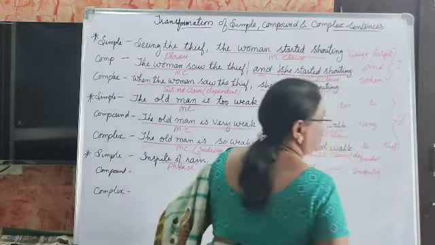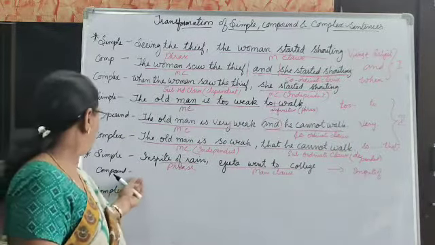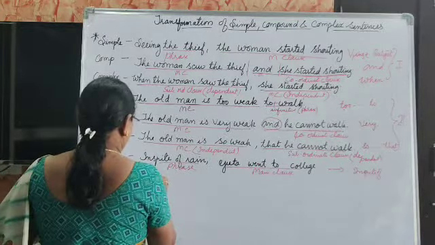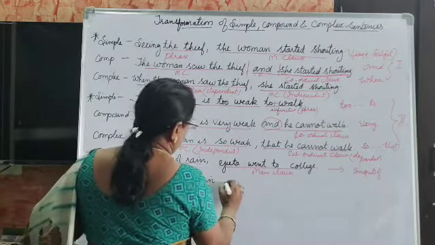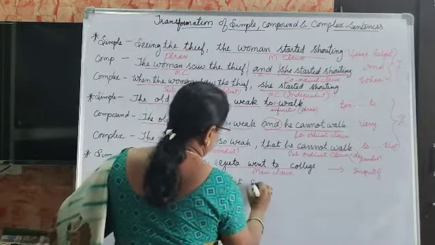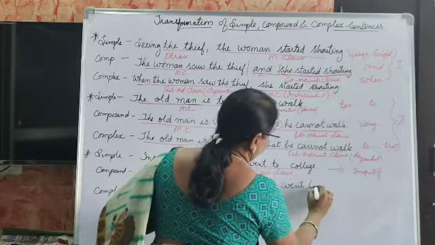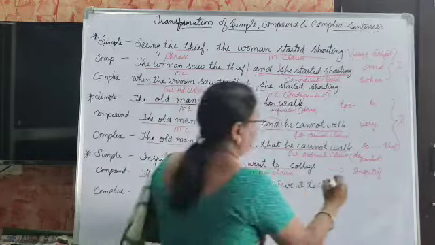When we use "in spite of," that is a preposition. When we use "in spite of" in a simple sentence, how do we change this into compound? There was rain, but Geeta went to college. We use "but" here in compound.